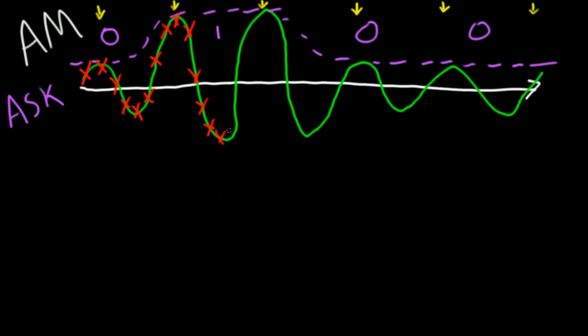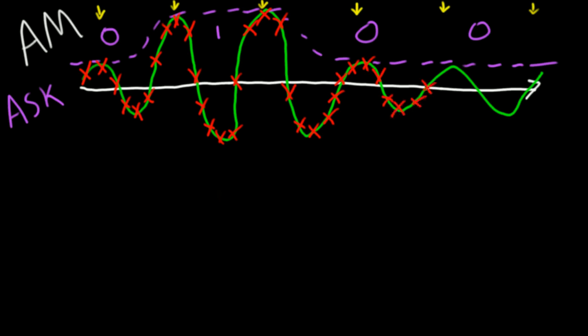But what we get, if we're trying to build a software-defined radio receiver, is a series of numbers over time. Now, what I want you to imagine for a moment is that you're designing a software-defined radio receiver, and you receive this list of numbers, this sequence of red X's.